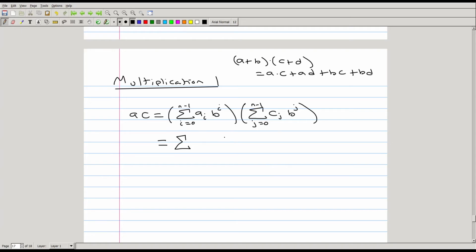So when I FOIL these out, I'm going to get actually a double summation over I and j of ai times cj times b to the I times b to the j, which is b to the power I plus j.